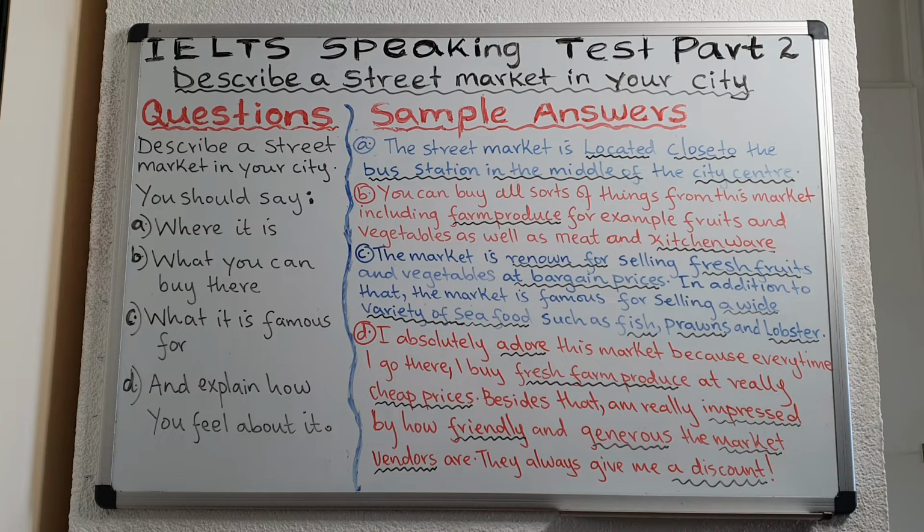Now, to answer the first part of the question, that is question A, you should say where it is. In that question, the examiner wants you to identify the location of the street market. Exactly where is the market located?